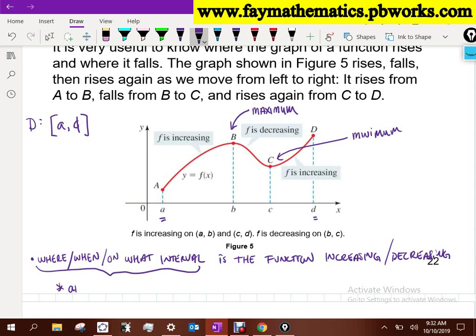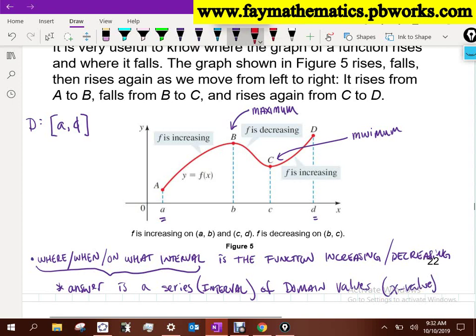our answer is a series, maybe an interval, of domain values. Remember, those are x values, right?